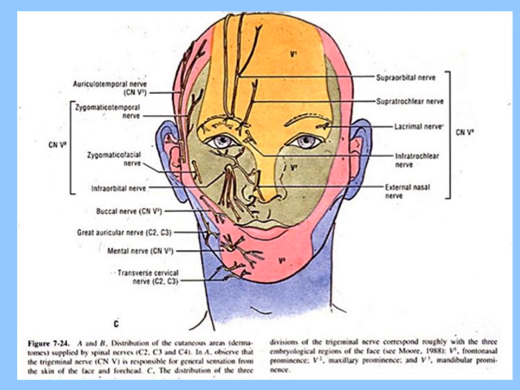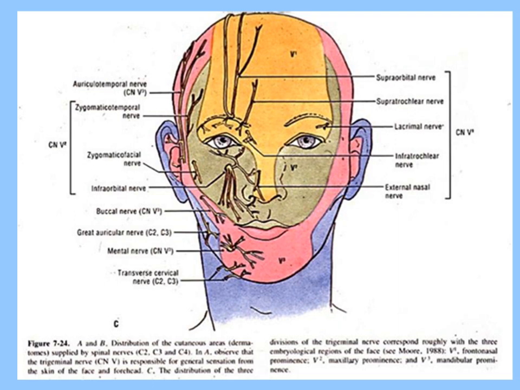Off of the nasociliary branch, we have the external nasal, which is sensory from the nose, as well as infratrochlear nerve, which is sensory from the superior medial nose and medial orbit. And from the frontal nerve, we have the supraorbital nerve and supratrochlear nerve that are sensory from the forehead.